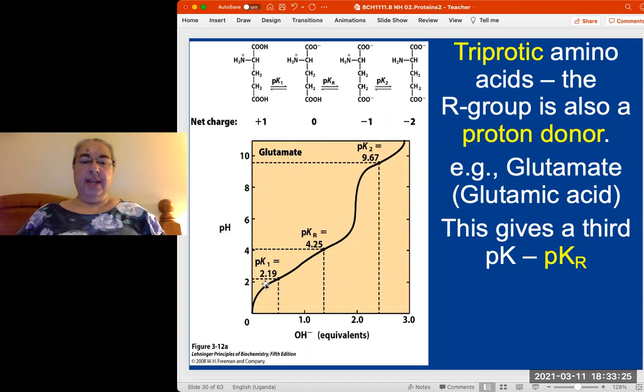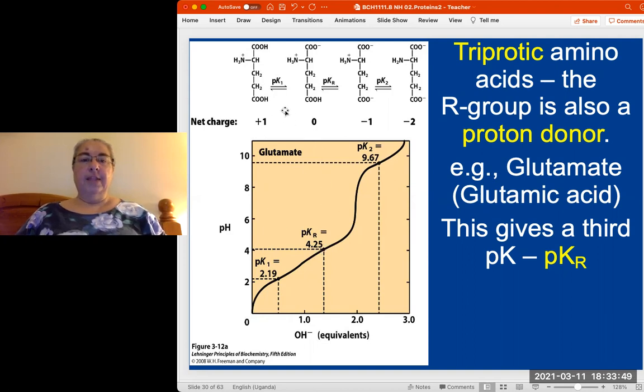So you can see here that the curve is somewhat similar to the one we saw for glycine, but there's an extra part added into it here, which has changed its shape, stopped it being a simple curve. And this is because of the proton being released from the R group.